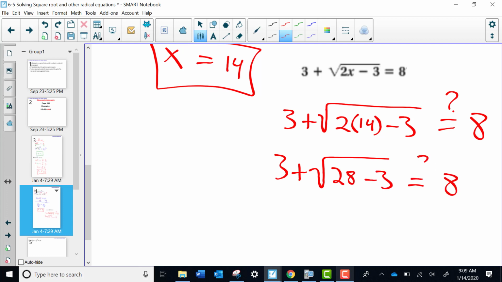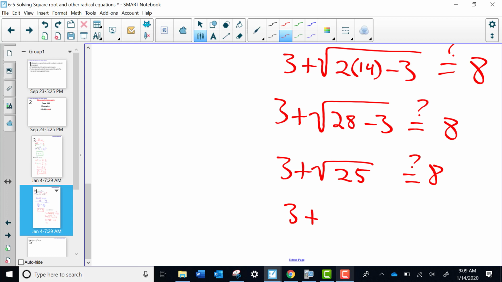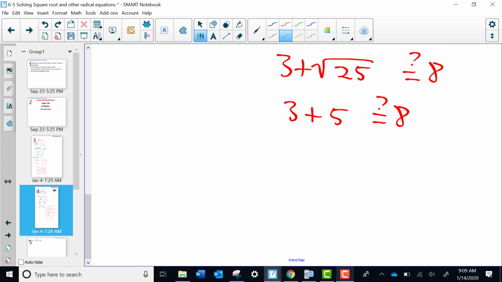Does that equal 8? 28 minus 3 is 25. 3 plus the square root of 25. Does that equal 8? Square root of 25 is 5, so 3 plus 5. And as you can all see, it does indeed work out. Those were radical equations. Any questions on those two examples?